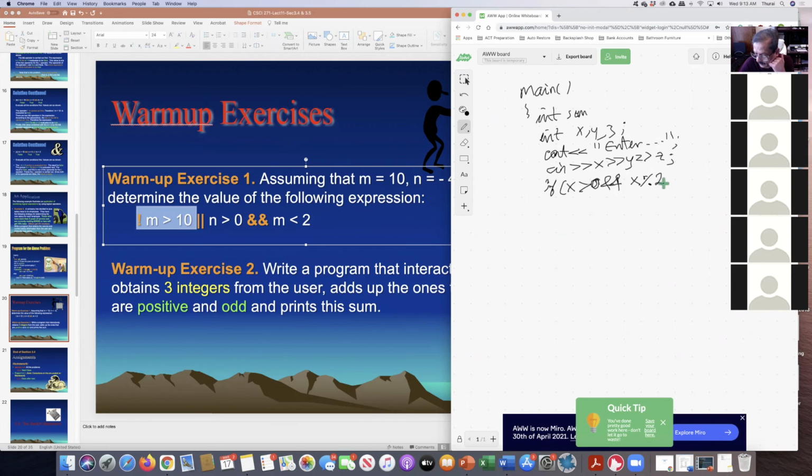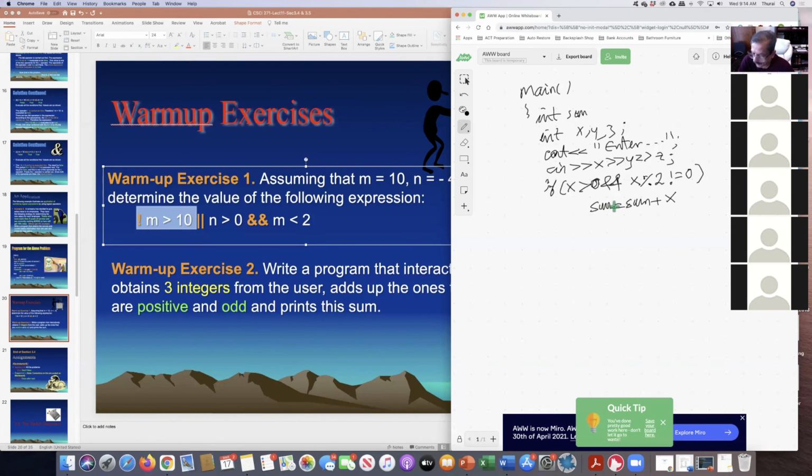If it is 0, then it's even. So x modulus 2 not equal to 0. If both of these are true, then add this to sum. So here's how I say that. sum plus x should go back in sum.